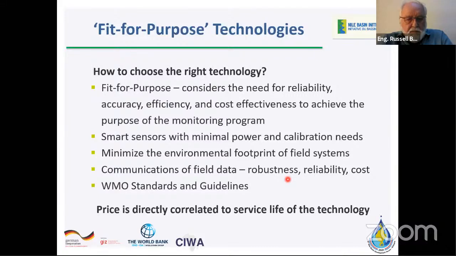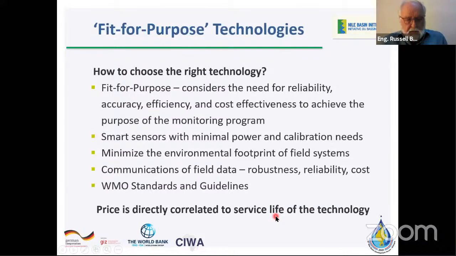It's supported by WMO. When we talk about a regional monitoring program, we certainly have to look at WMO standards and guidelines.